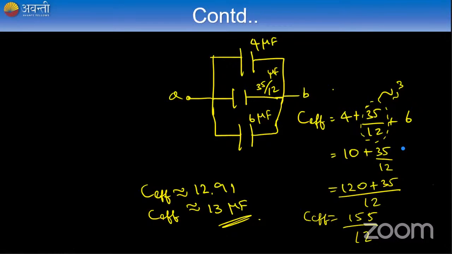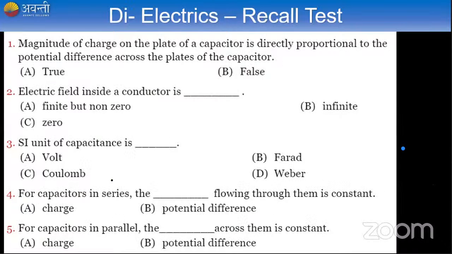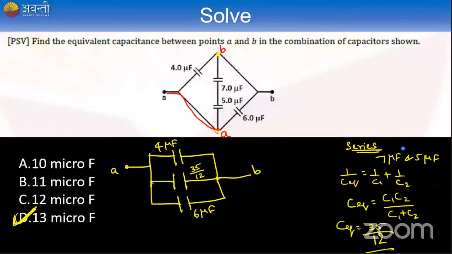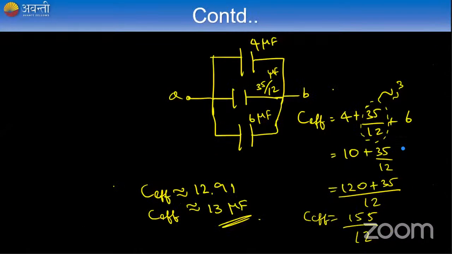We will come to that in the next chapter. I don't want to confuse many people here with similar questions. These are just a few questions. We'll solve more in the next chapter, where we have many circuits to be solved in current electricity. I'll keep all the circuit problems in that chapter.